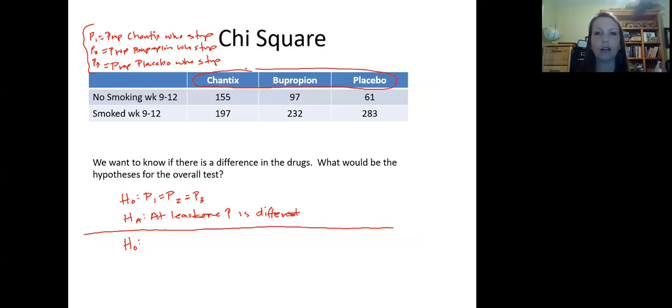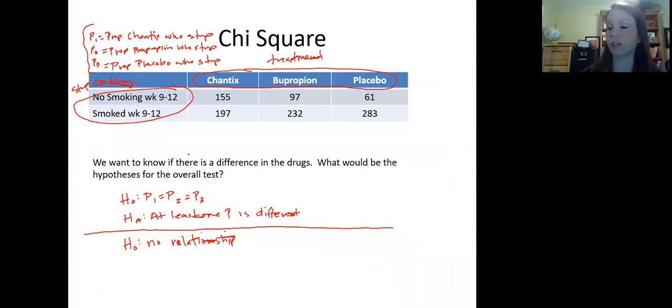We look at the columns here. This is basically our treatment. And if we look at the rows, this is whether or not they quit smoking. That's kind of like a, did they stop smoking, yes or no. So if we think about it that way, then we're really just looking to see if there's a relationship between these two categorical variables. So null hypothesis would be no relationship. And for some reason, my pen's just drawing lines wherever it feels like drawing lines today, so it looks really scratchy on here, and I apologize for that.